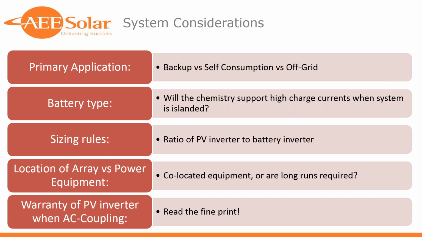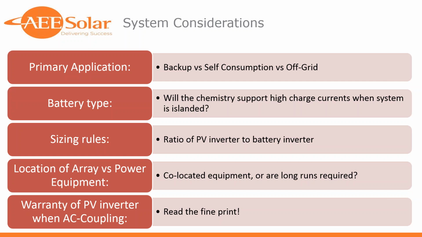Sizing rules. So the ratio of PV inverter to battery inverter. These are going to be recommendations you're going to see from your battery inverter. And what they're trying to get at is trying to deal primarily with point number 2 on here. How do you control the charge currents? How do you make sure that the relays on the battery inverter are not overloaded?